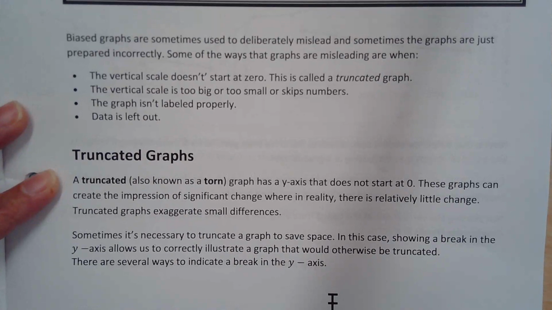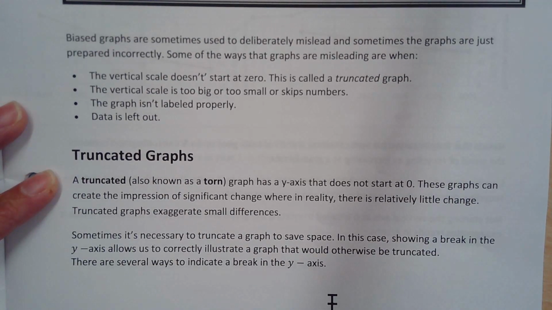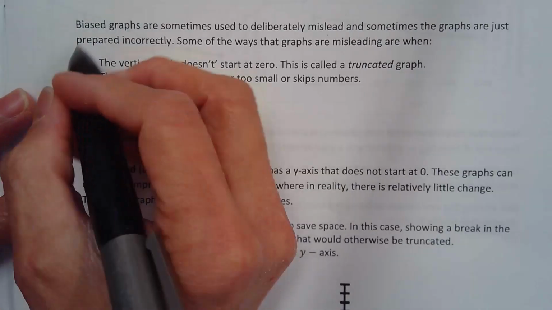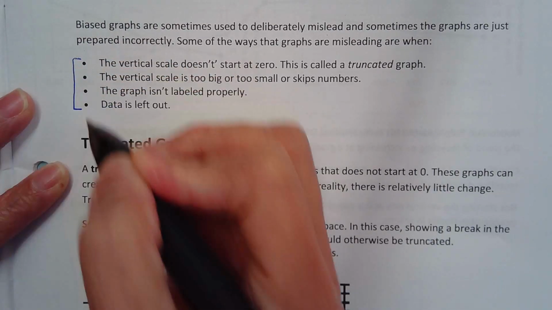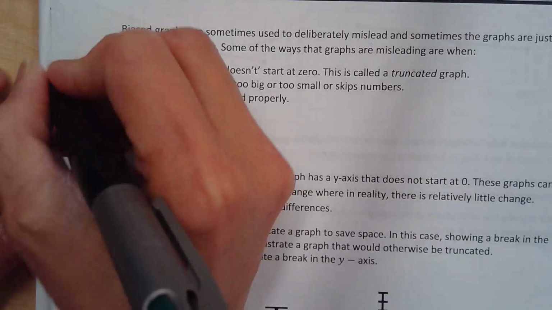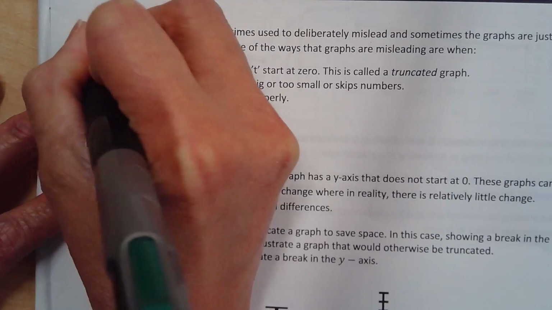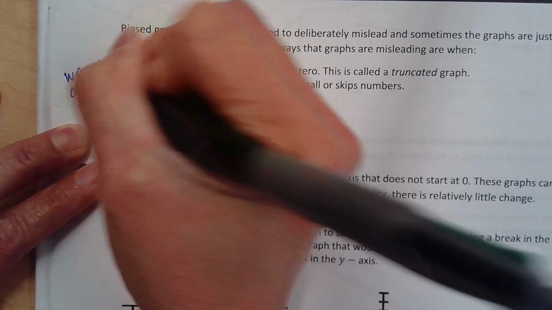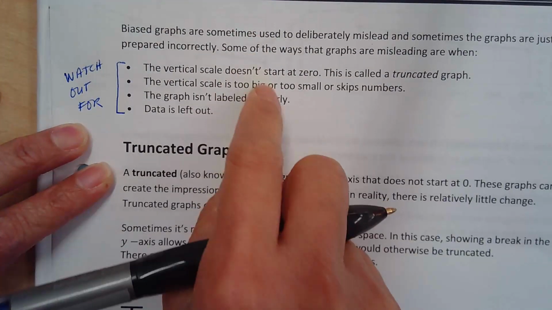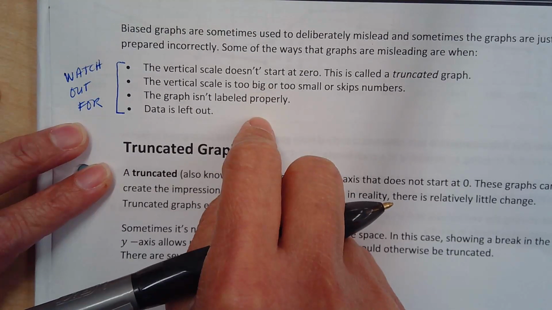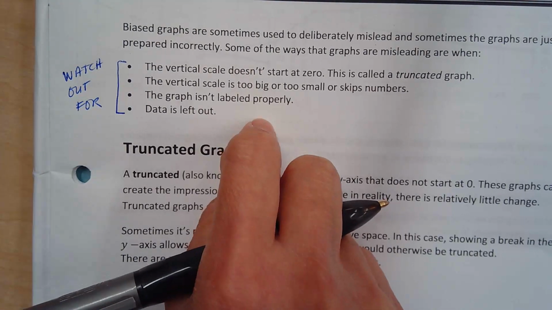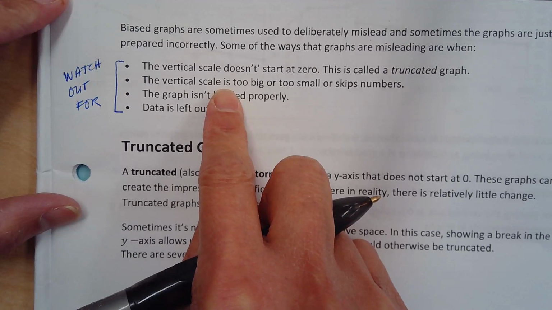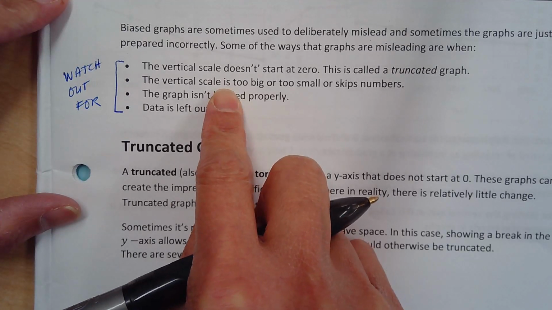So some of the ways that graphs are misleading are, okay, so these are what to watch out for. Because when you have one of these scenarios, one of these situations, then our graph could be misleading.